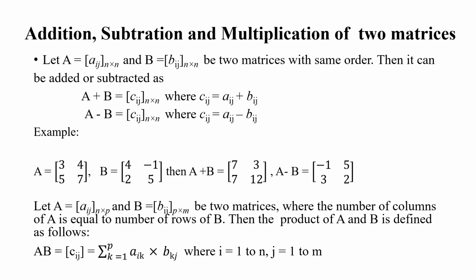That is, 3 plus 4 equal to 7, and 4 plus minus 1 equal to 3, 5 plus 2 equal to 7 and 7 plus 5 equal to 12. Similarly, we can find the subtraction of A and B, that is A minus B, which gives the answer.